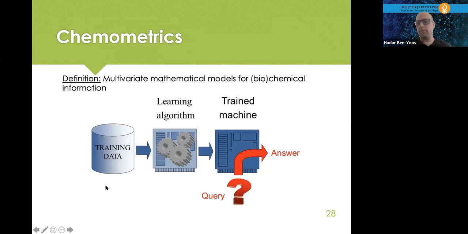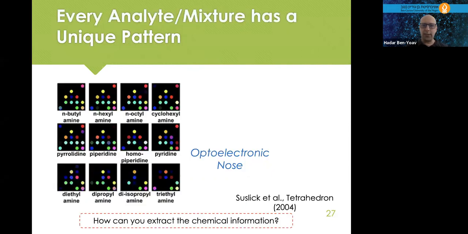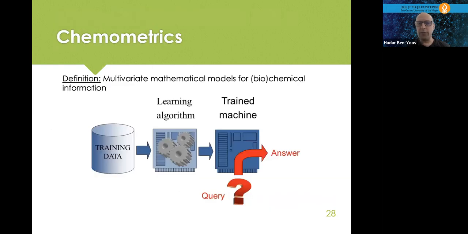The idea is that all of them share the same principle: you need to generate training data, such as the measurements or colors generated from different molecules or different combinations of molecules, and you need to generate a lot of it.